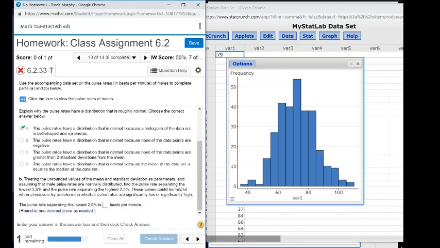So treating the unrounded values of the mean and standard deviation as parameters, and assuming that male pulse rates are normally distributed, find the pulse rate separating the lowest 2.5% and the pulse rate separating the highest 2.5%.